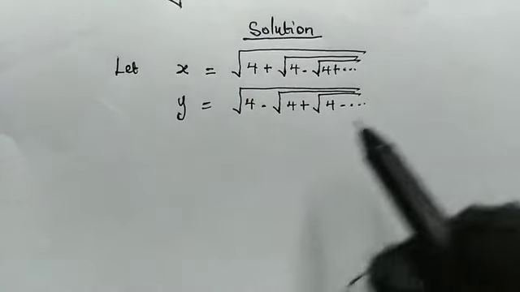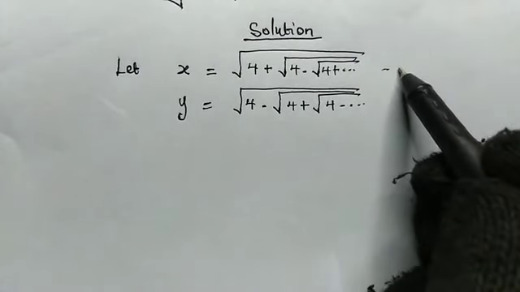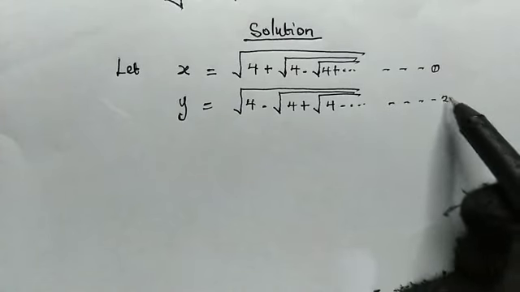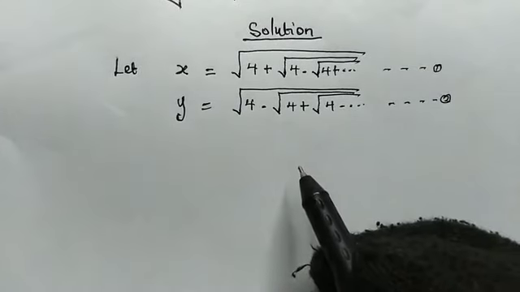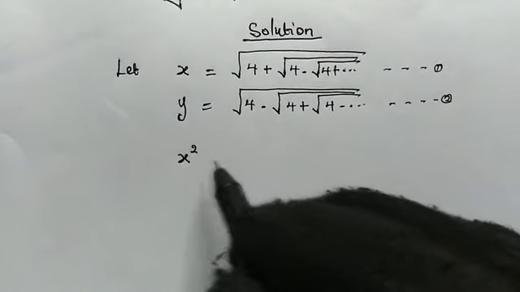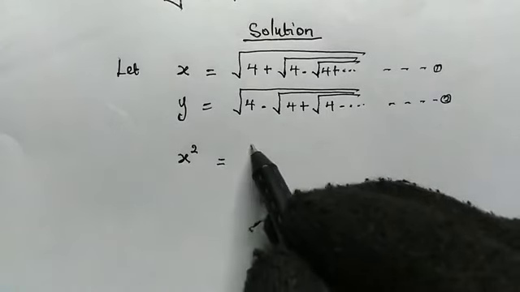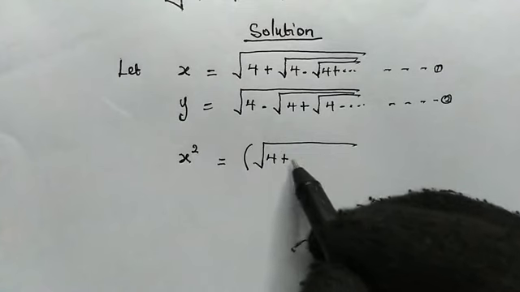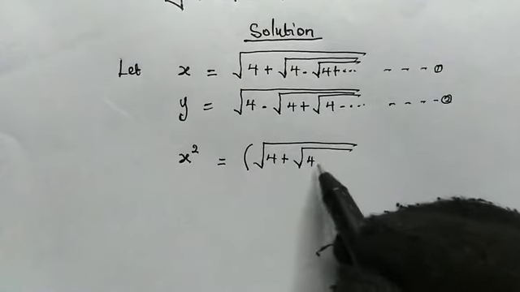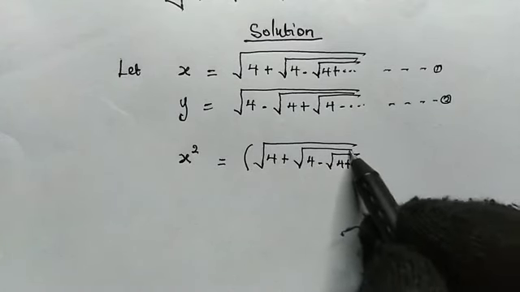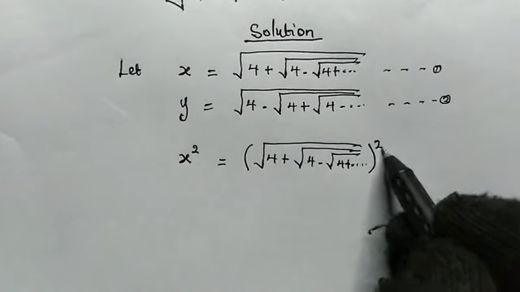Okay, now from the first equation here, that is our equation 1, here we have our equation 2. From equation 1, let us square both sides. So we get x squared equals root of 4 plus root of 4 minus root of 4 plus, and so on, then squared.